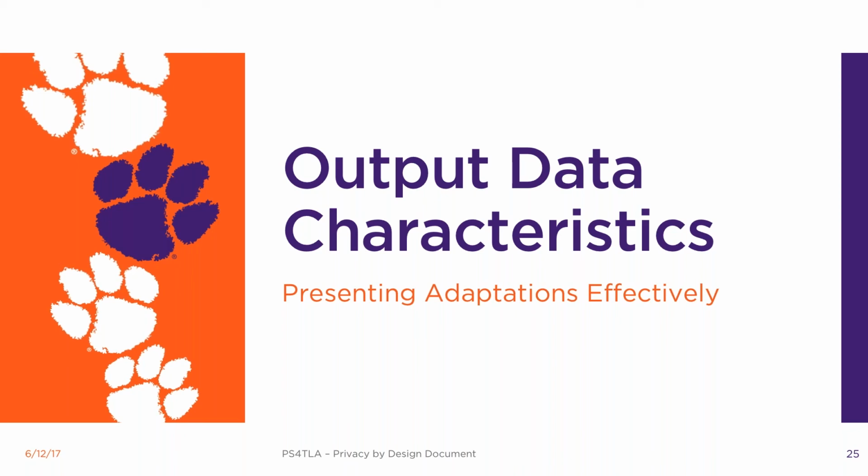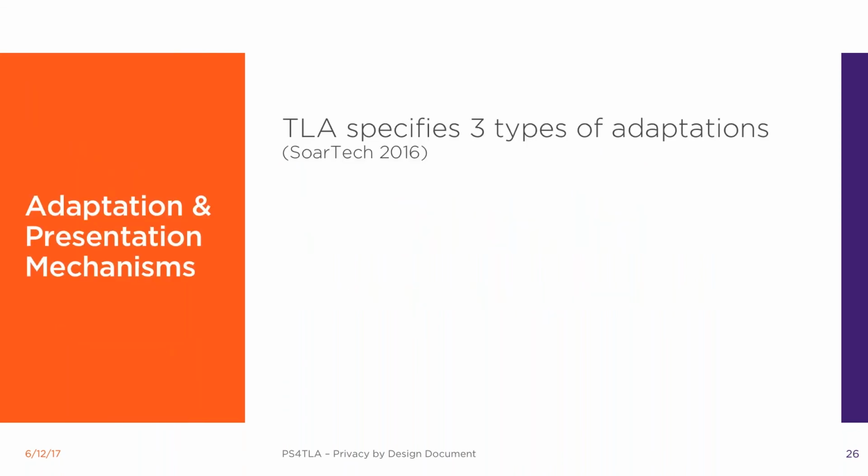So let me start by explaining that the TLA has 3 different types of adaptations. There's meta-adaptations, macro-adaptations, and micro-adaptations. So meta-adaptations are personalized recommendations on what learning activity the user should engage in next. So for instance, you should train your French.